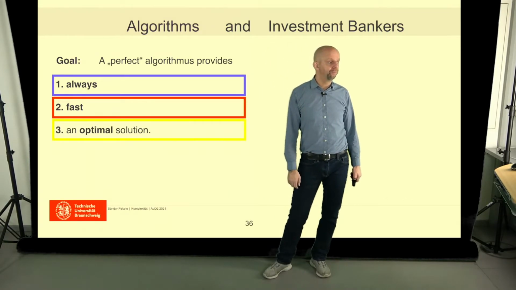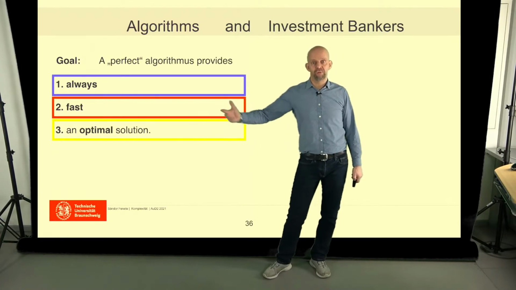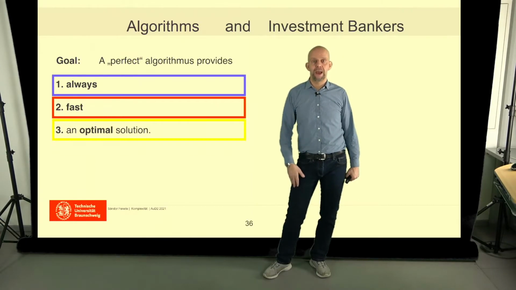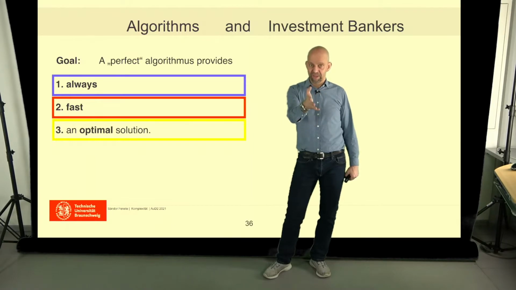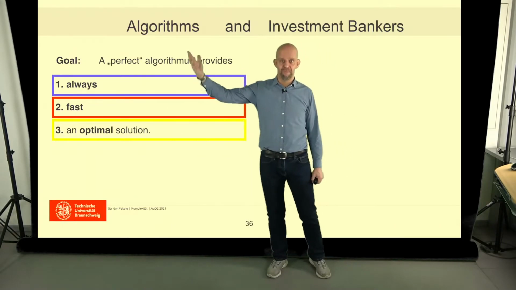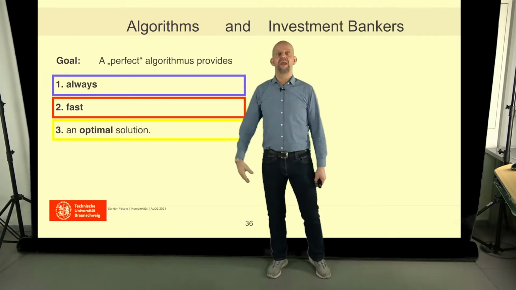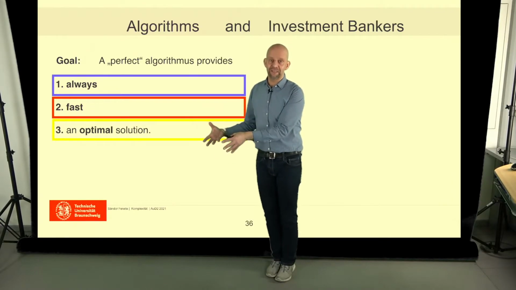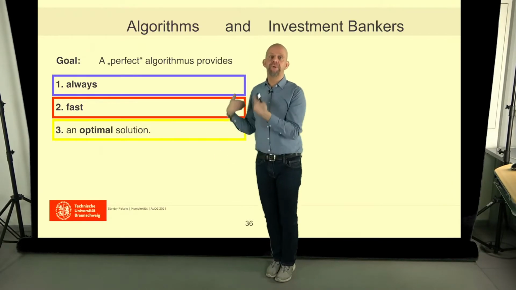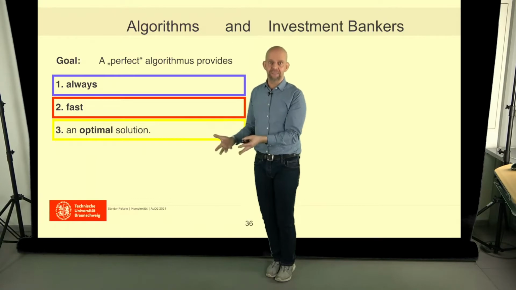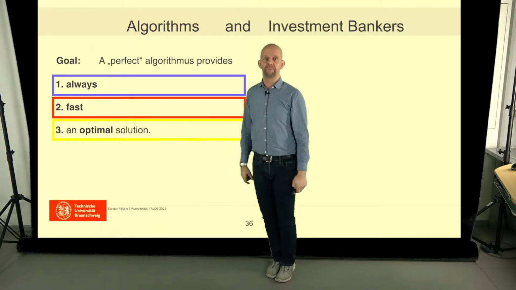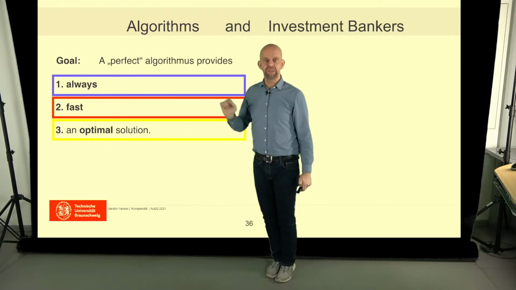Here you go. Now, that's what we would like to have. Now, remember, if you have this, this is called a member of this class P. And we just saw it's unlikely that all these problems, in particular knapsack, have such an algorithm, having all these three things together.